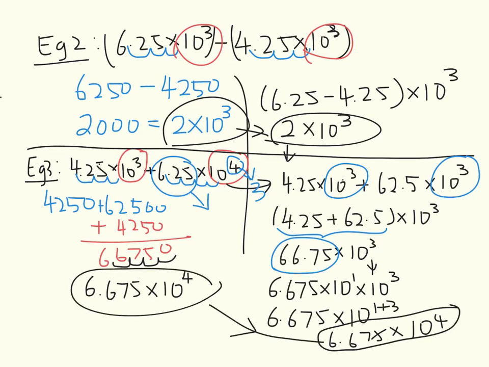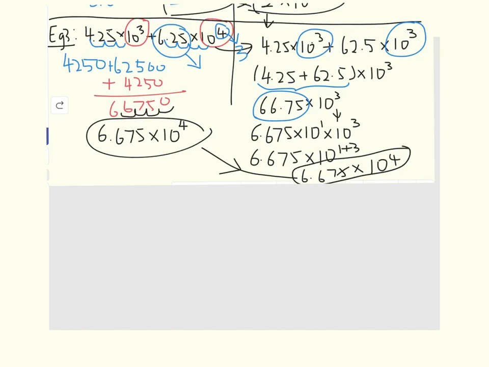Okay. Some of you may be asking, can we rewrite the two powers of 10 to the power of 4 instead? Let's see what happens. So we have 4.25 times 10 to the power of 3 plus 6.25 times 10 to the power of 4. We want to rewrite both as 10 to the 4th.